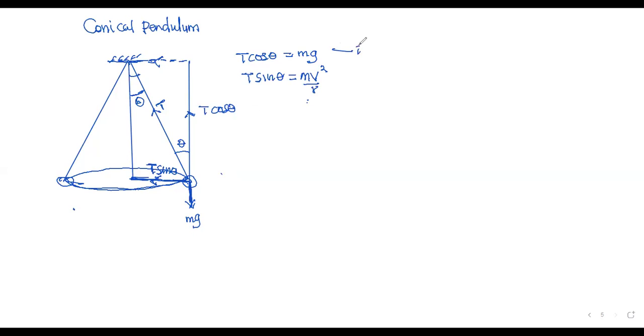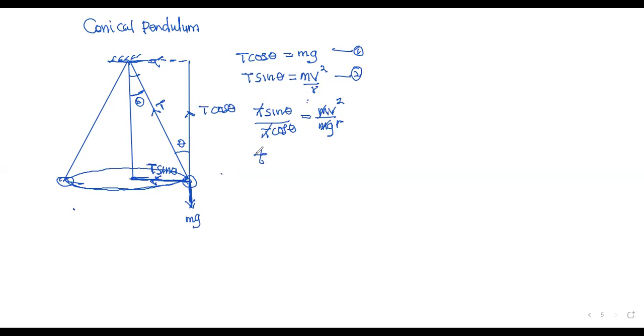And when we divide 2 by 3, we have T sine theta over T cos theta, also giving us mv squared over mgr. We'll have the same equation as when a road is banked or when a cyclist makes that bend.